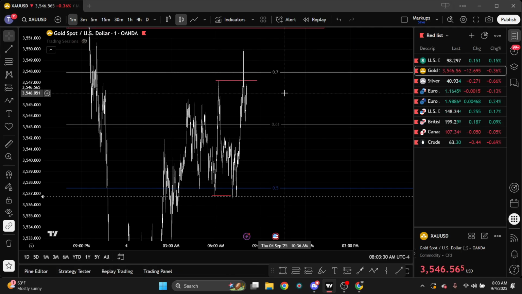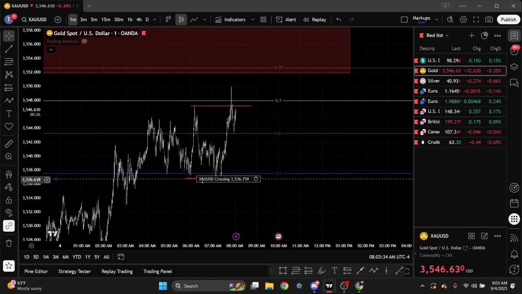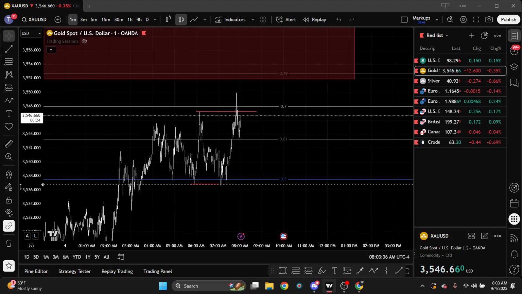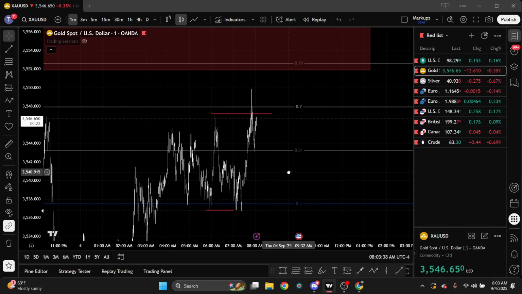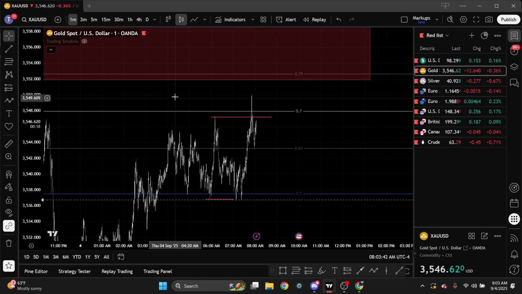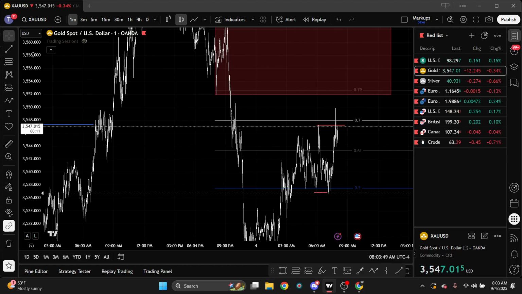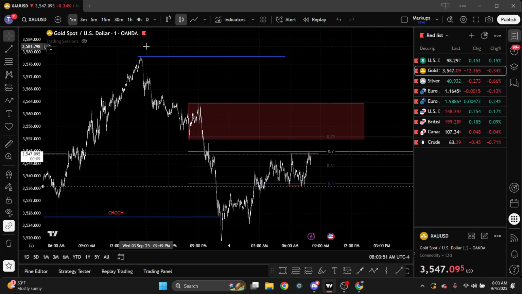Good thing I didn't take a position on gold just yet, because remember how I said it did break low, but it was just like a wick, so I wasn't too confident on that one, and it ended up going higher. So what I'm gonna do for gold is wait for the change of character to the downside, and then I'll play the sells, because that's initially my bias for gold.